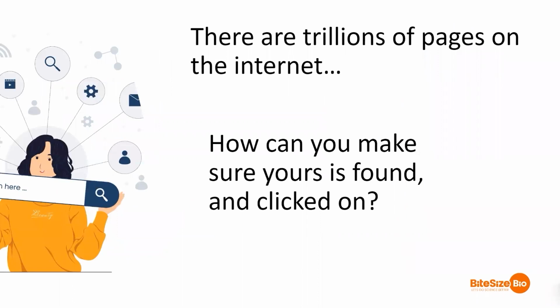As a slight segue, I just want to touch on how this research really benefits in another way by helping get your article found. One of the big problems with writing online is there are trillions, literally trillions of pages on the internet. So if you want your content to be read, which is what content is there for, you need to make sure that it's found and clicked on.